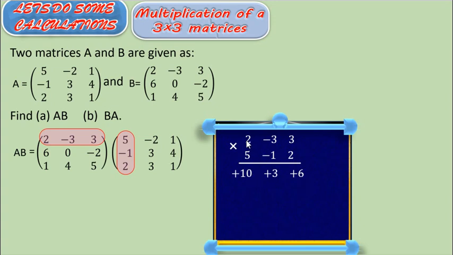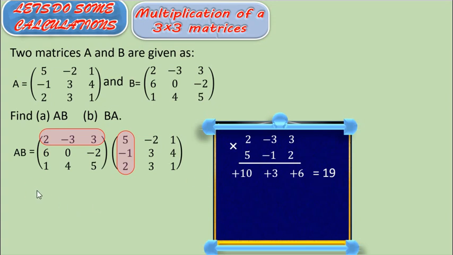The first element in the first row multiplies the first element in the first column. The second element in the first row multiplies the second element in the first column. The third element in the first row multiplies the third element in the first column. So now we have this. When we do that, we sum everything. The answer will give us 19.